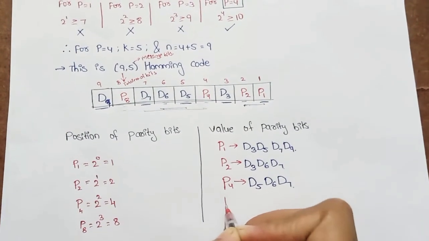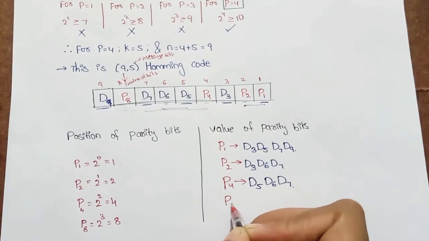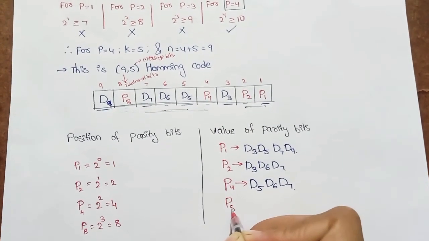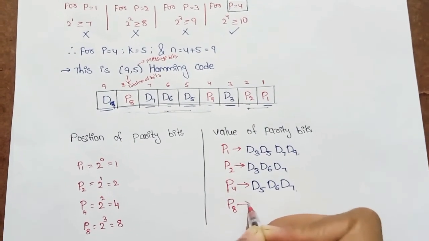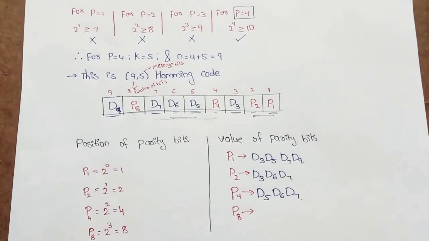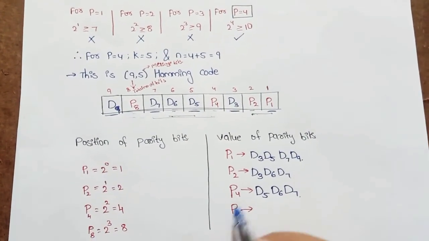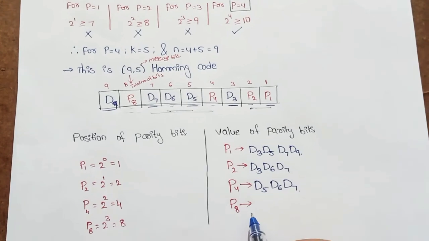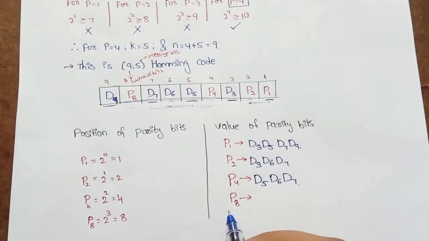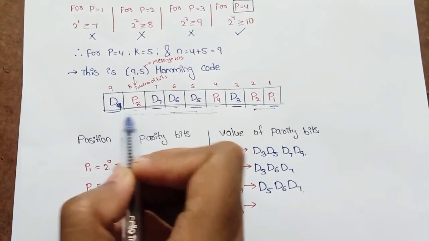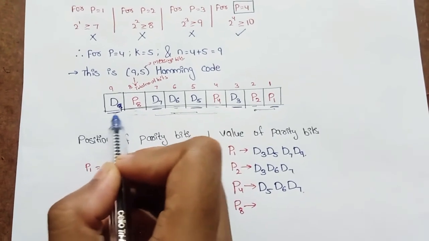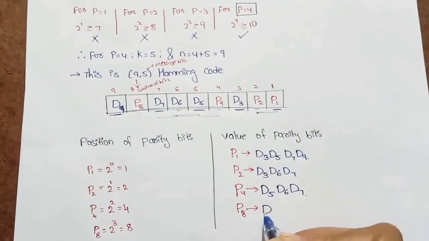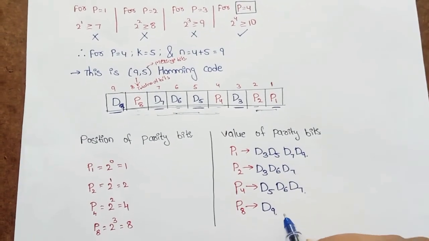And last but not least, the parity bit value of number 8. For finding the value of parity number 8, we need to check 8 bits. That means we will get only the D9 value. That is D9 only.